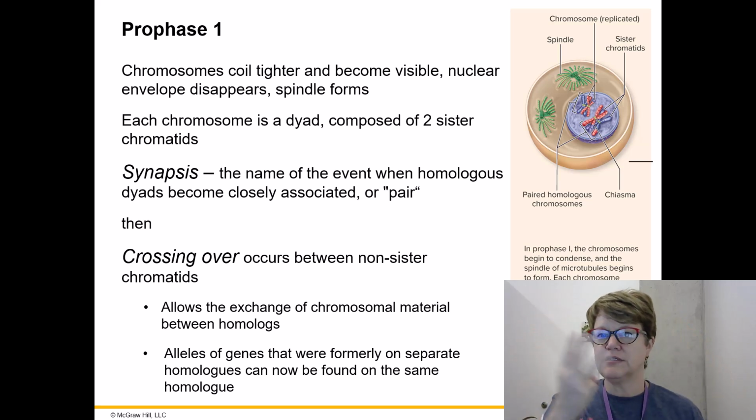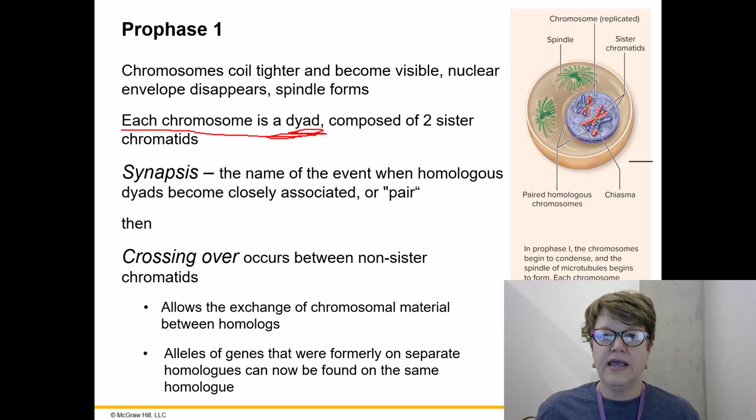Those are the same three things that you learned about prophase in the cell cycle. But this is prophase 1 of meiosis, so a couple of other things are going to happen. In prophase 1, the cell that starts meiosis always has dyad chromosomes. So the chromosomes are in the replicated form, starting meiosis, and each dyad consists of 2 sister chromatids.